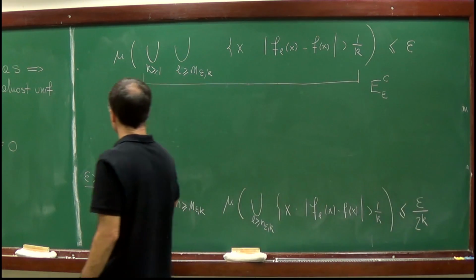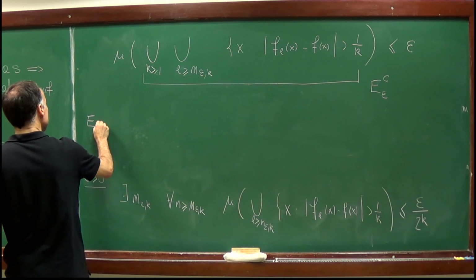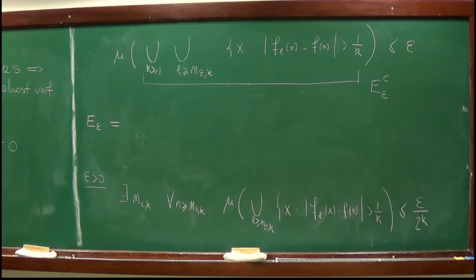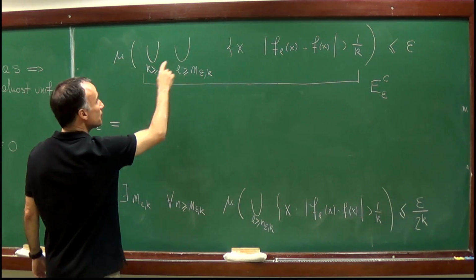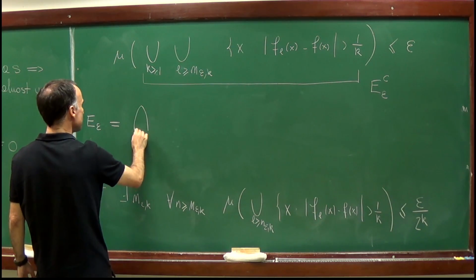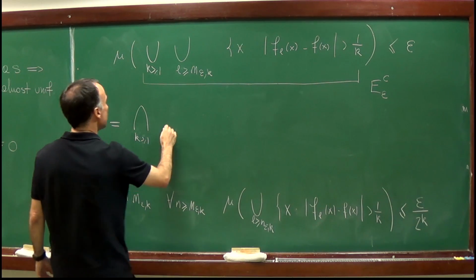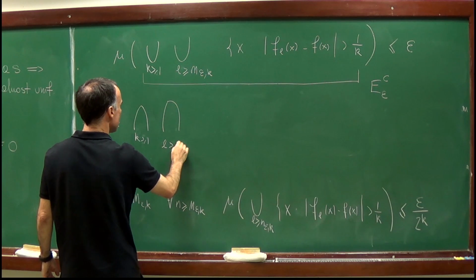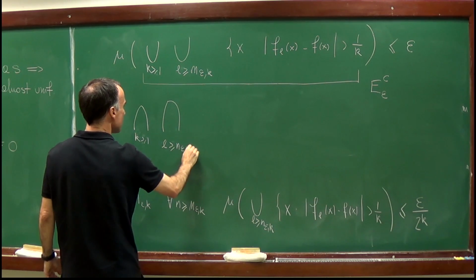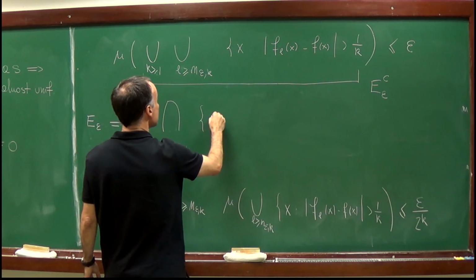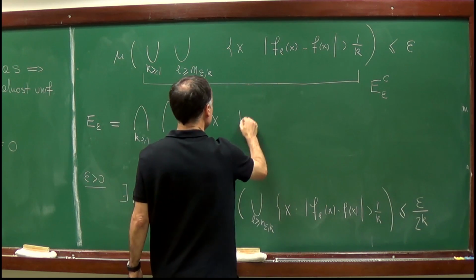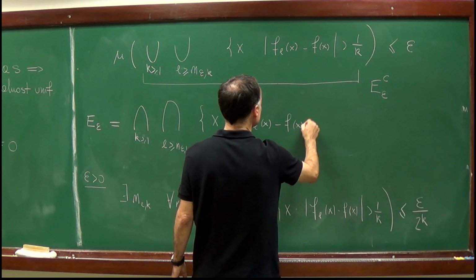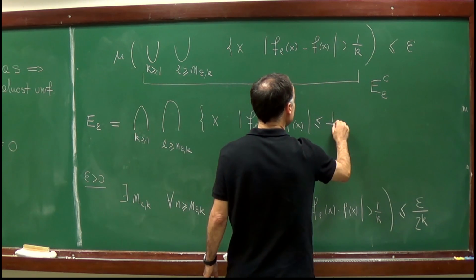So now let's see what is the set E epsilon. Well, the set E epsilon is the complement of this set, which means the intersection over all k, intersection over all L larger than n epsilon k of the points x such that |f_L(x) minus f(x)| is less or equal than 1 over k.